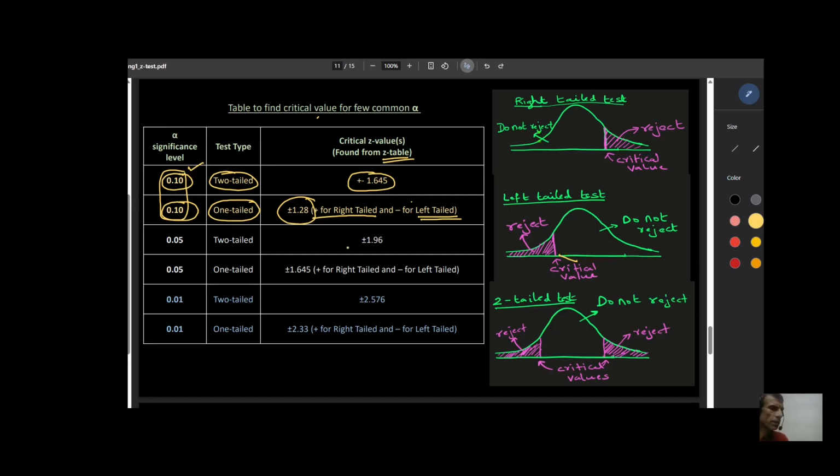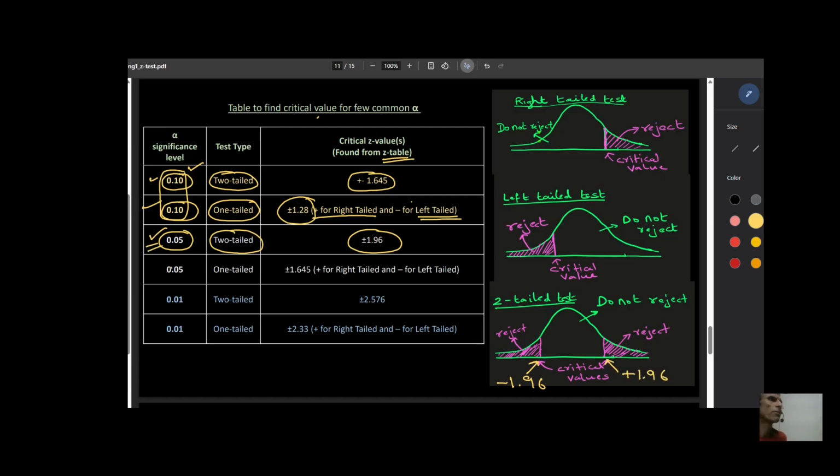Now let's say your alpha is equal to 0.05 and it's a two-tail test. Then your critical value is going to be plus or minus 1.96. So this is going to become minus 1.96, and this is going to become plus 1.96.